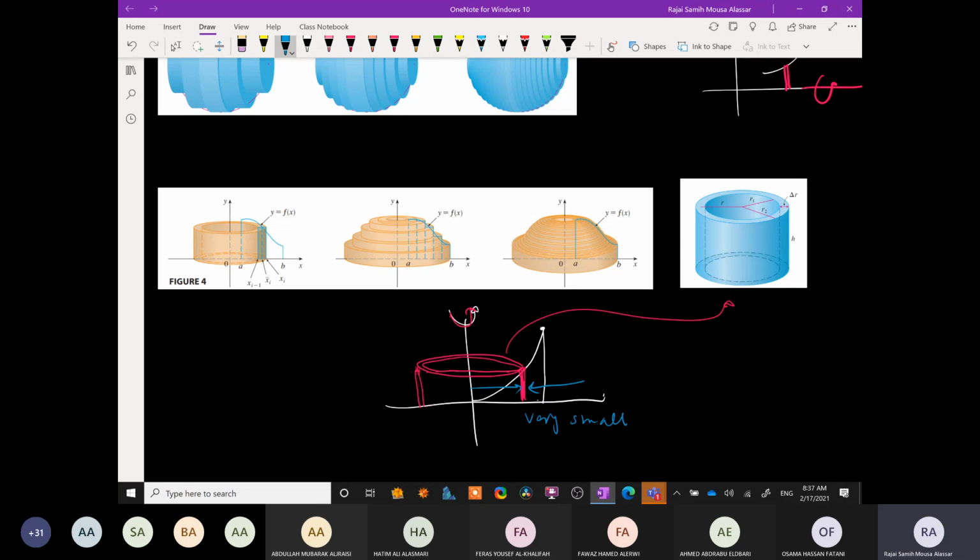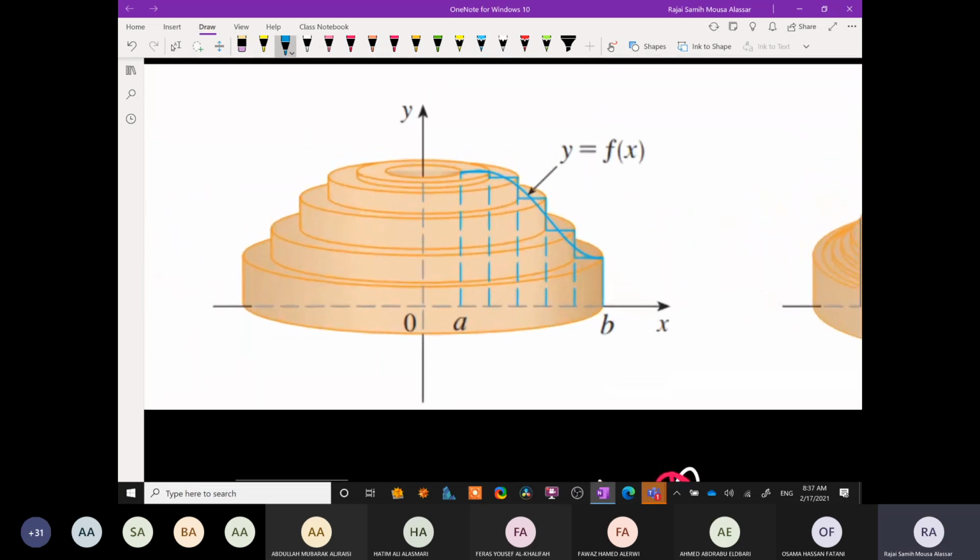If you look at this graph here, these are the ones. This is the sample. Let me use a different color. This is the sample, and you want to rotate this about the y-axis. Here's another sample. Rotate this about the y-axis, and it makes a shell.